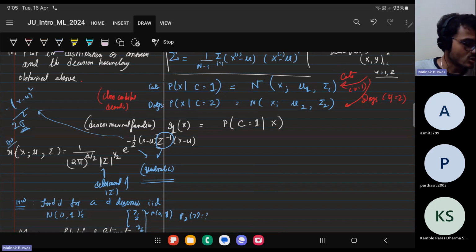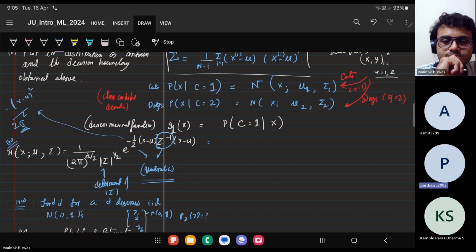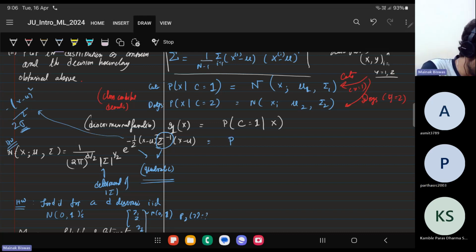Now tell me, how will I get p of c equal to 1 given x? What do I have? I have x given c equal to 1 from the data. So this is proportional to p of x given c equal to 1 into probability of c equal to 1.